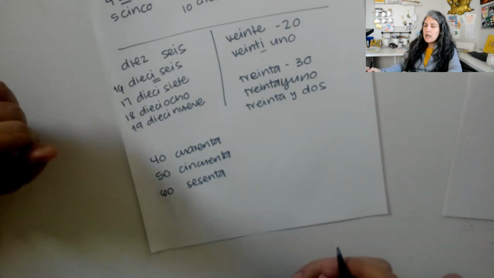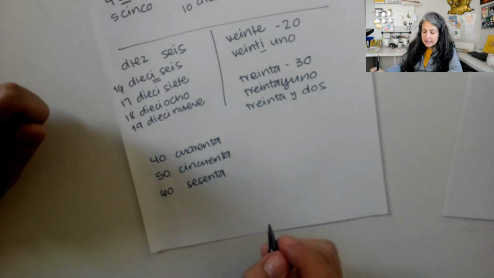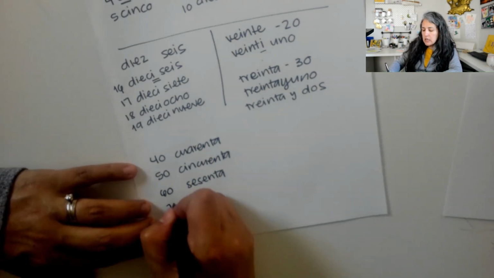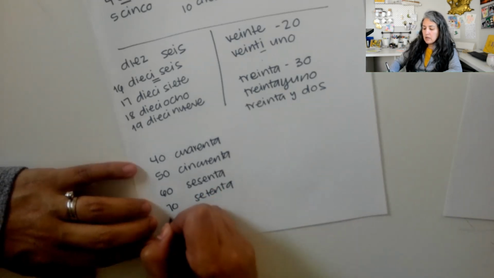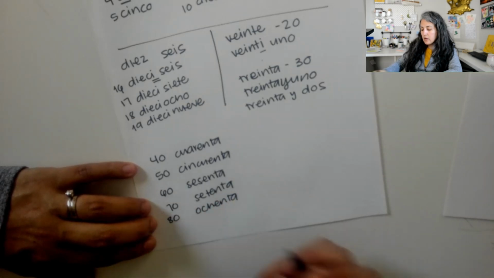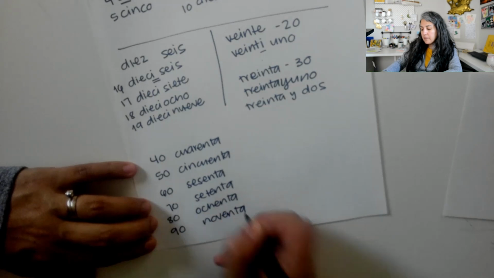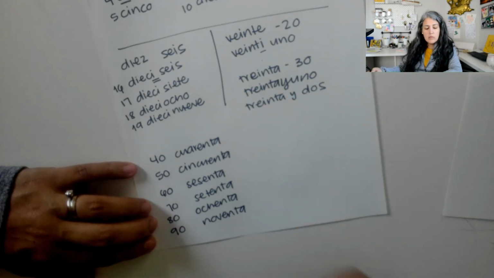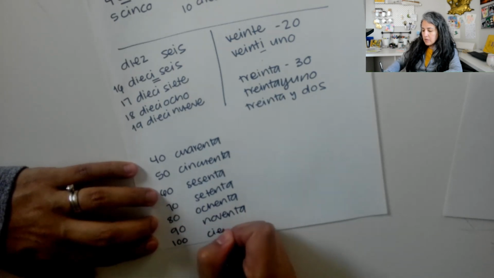And it sounds kind of the same, but they're different. The other one is 70. It's on 2 T's. 70. For 80, 90, and then we'll have 100. 100 is 100.